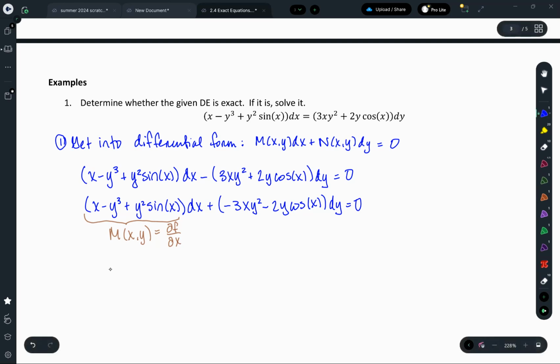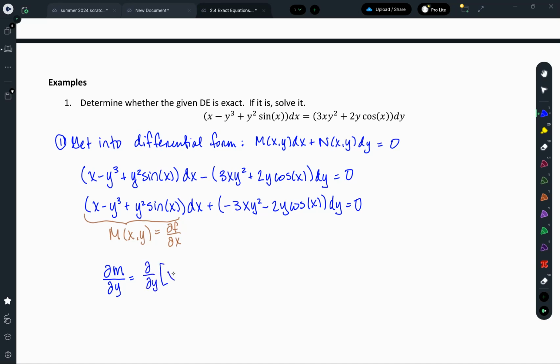And so now I need to find del M del y, so that I'm getting a mixed partial derivative. That means I'm going to take del y of x minus y cubed plus y squared sine of x.